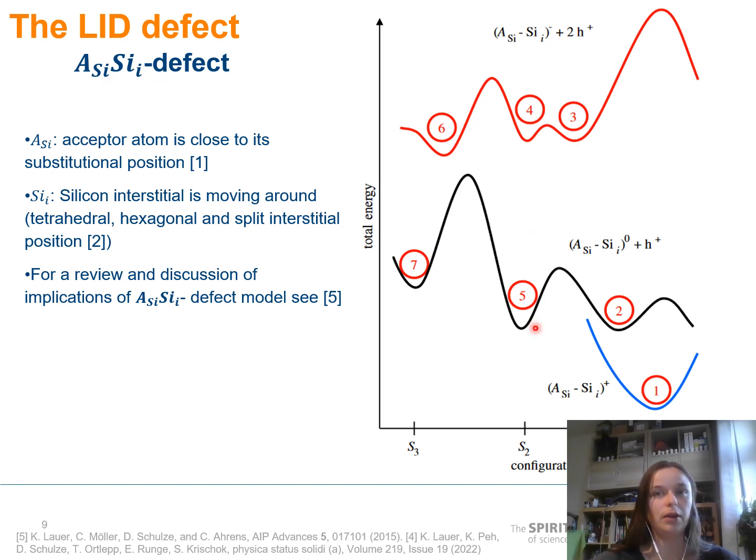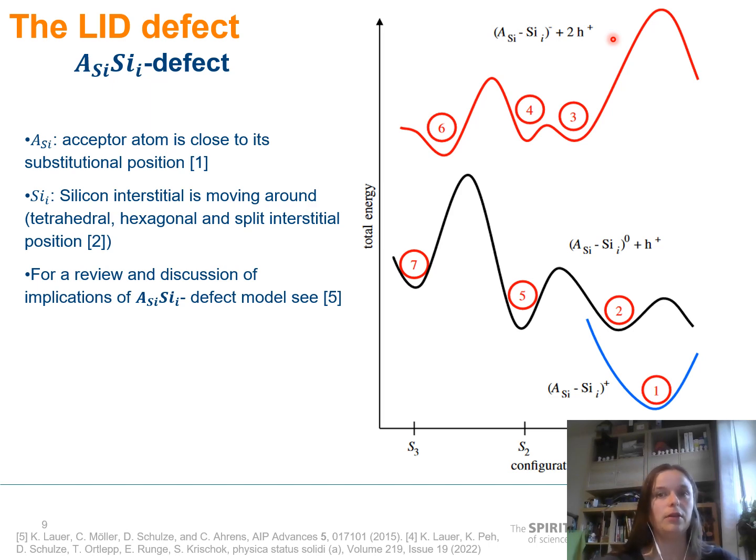The intermediate state can be reached, for example, if the defect is in the ground state, after short illumination, or if the defect is in state 7, after short annealing in the dark.